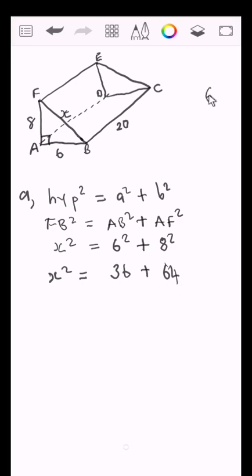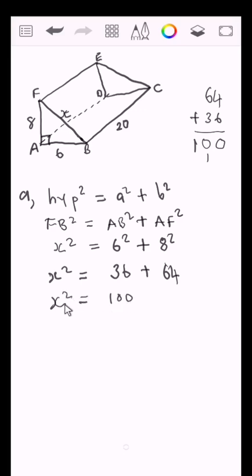Tikati 64 plus 36, 6 plus 4 ndi 10, carry 1. 6 plus 3 ndi 9 plus 1 ndi 10. Kureva kuti x squared is equal to 100.